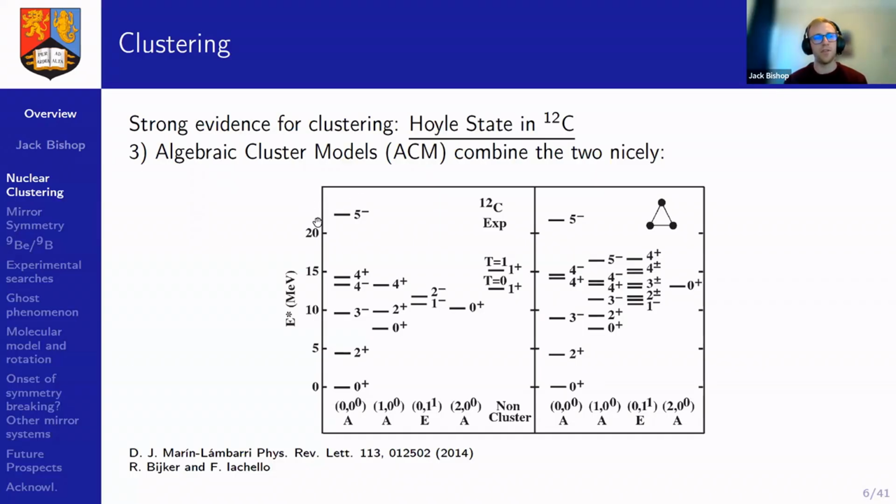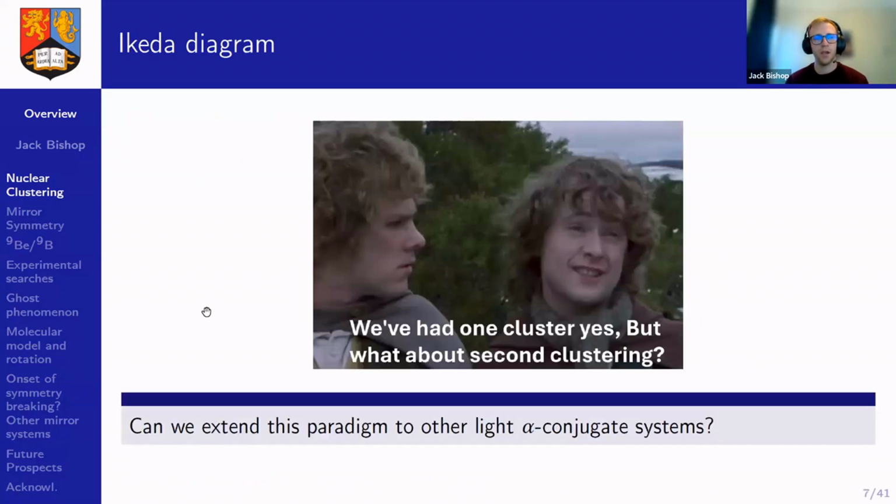And actually, it was the measurement of the 5-minus state in the ground state rotational band back in 2014 by Dell'Aquila and Marín-Lámbarri that showed that Bijker and Iachello's model of this triangular arrangement really worked, showing that the carbon-12 nucleus can be described fairly well by this triangular arrangement of alpha particles.